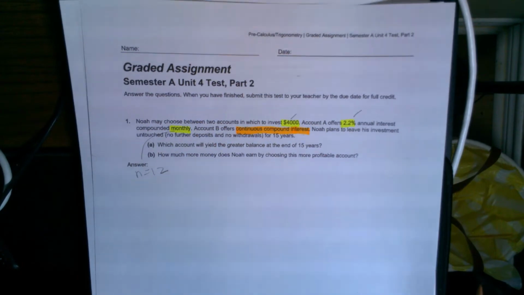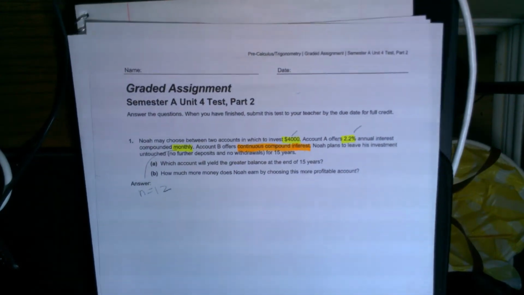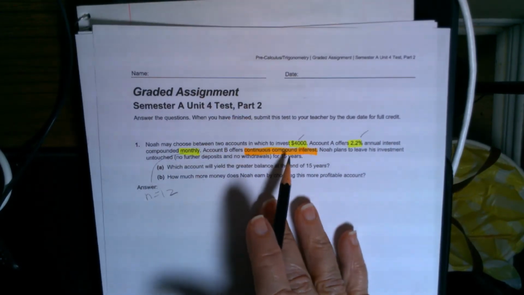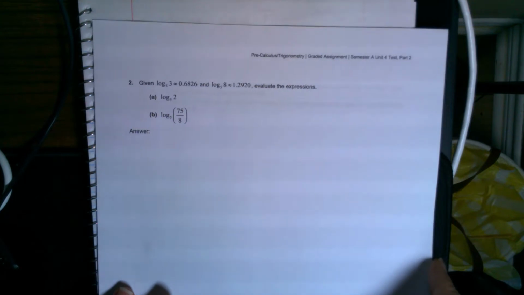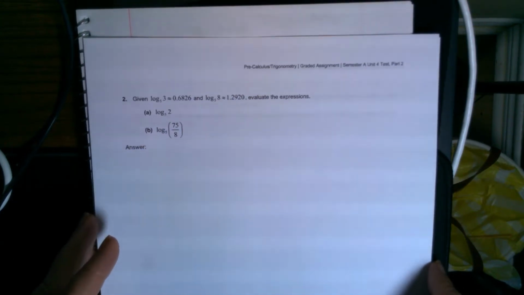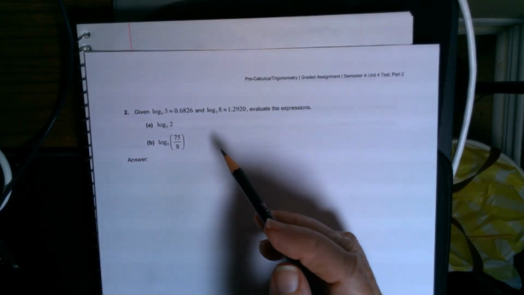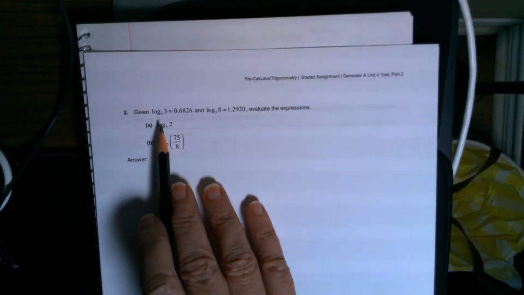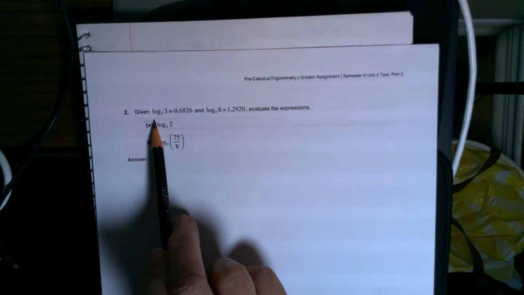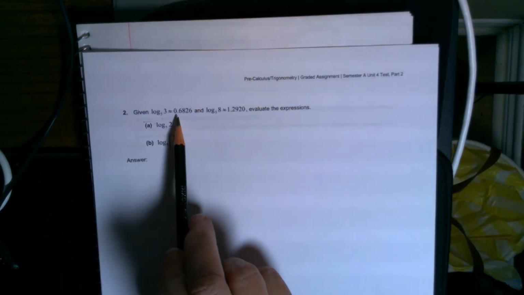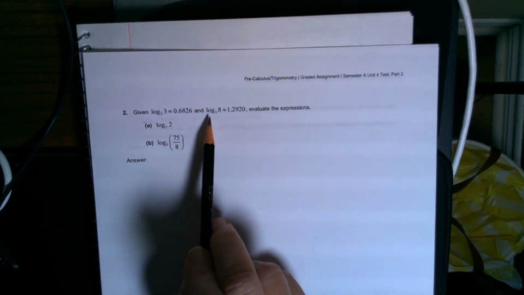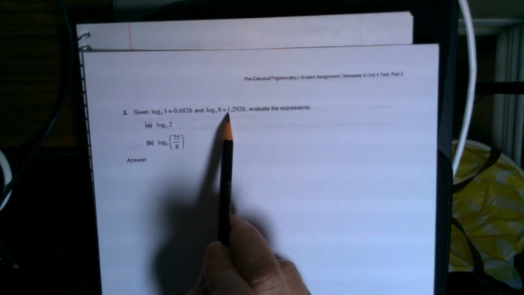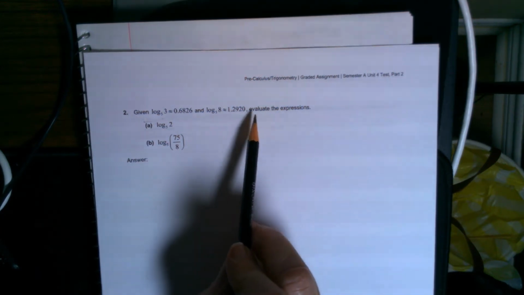All right, let's go to the second one. I hope all this is showing, but I'll go ahead and try to use Genius Scan and scan in a sample of what I'm doing. We're given log base 5.3 is approximately 0.6826 and log base 5.8 is approximately 1.2920.